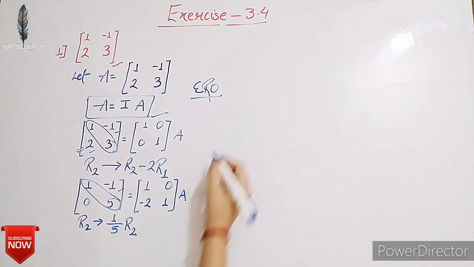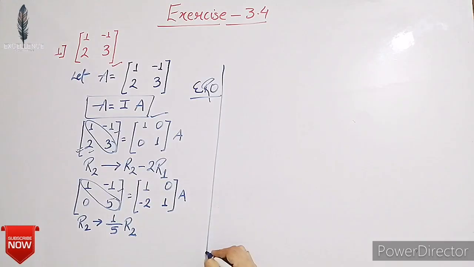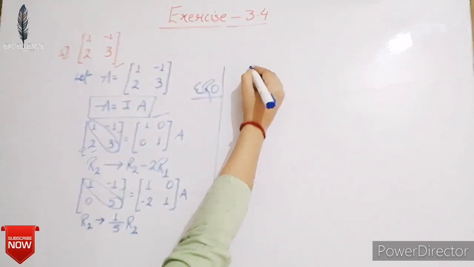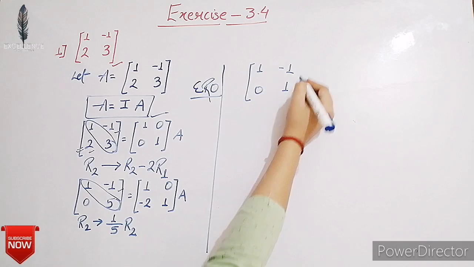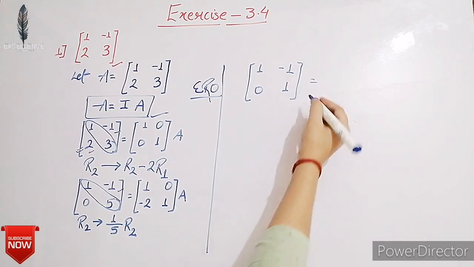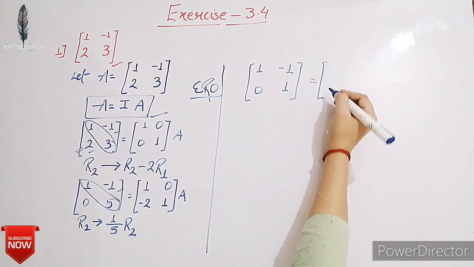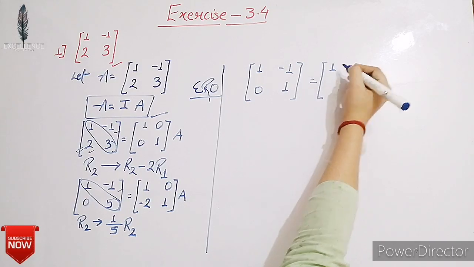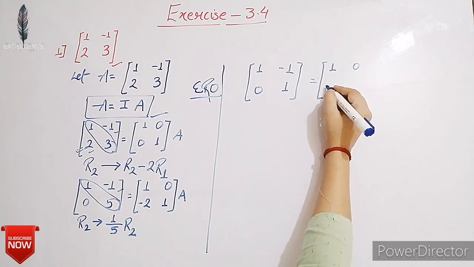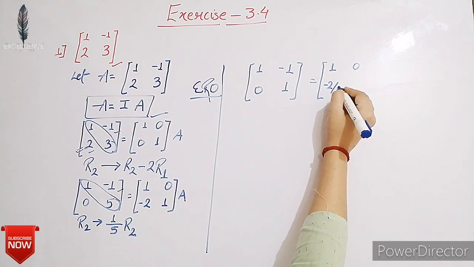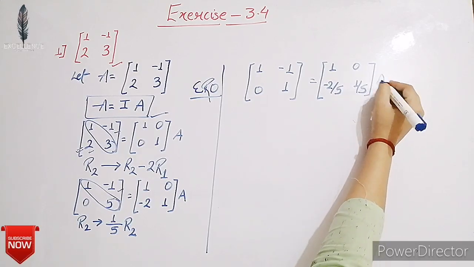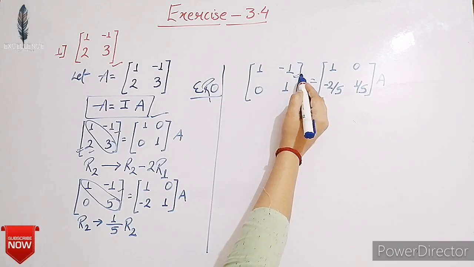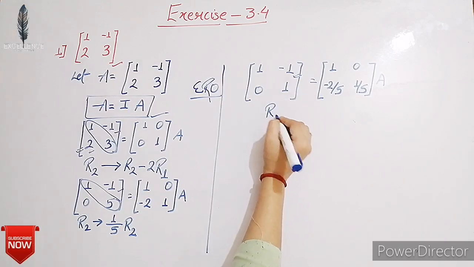Then we get here first row is 1 minus 1 and second row is 0 1, equals 1 0 and minus 2 by 5 and 1 by 5, A.